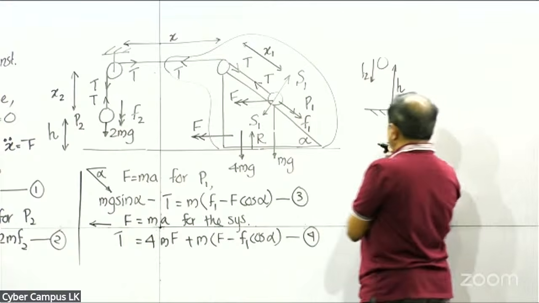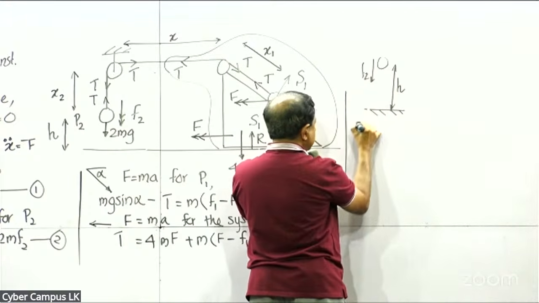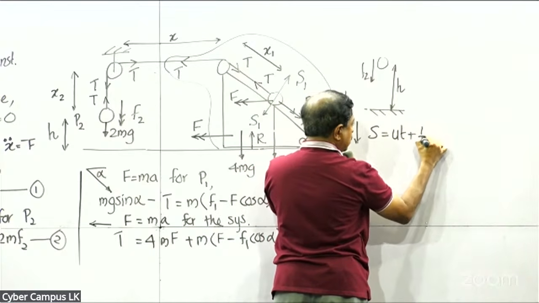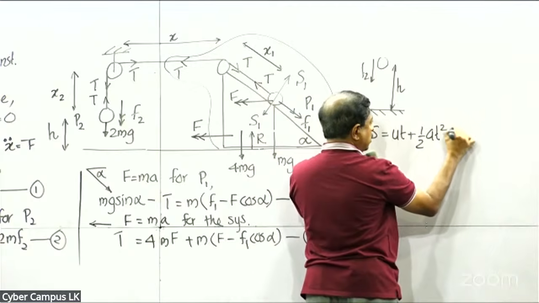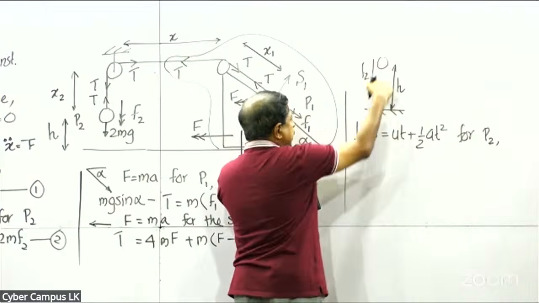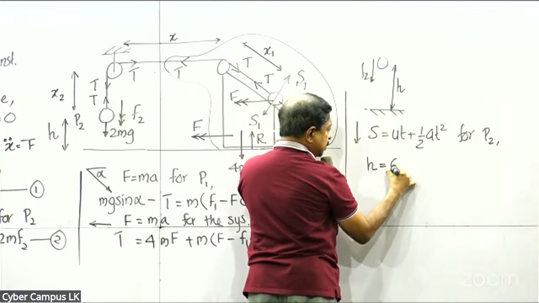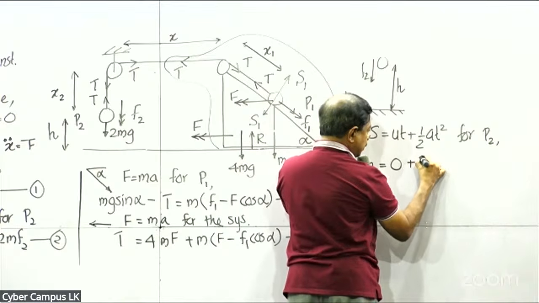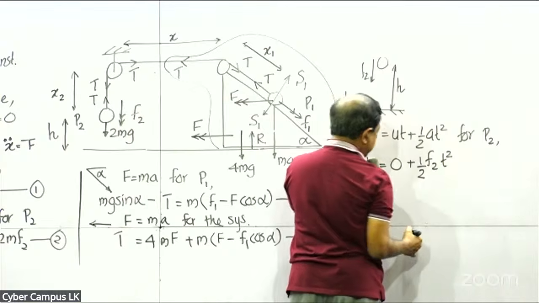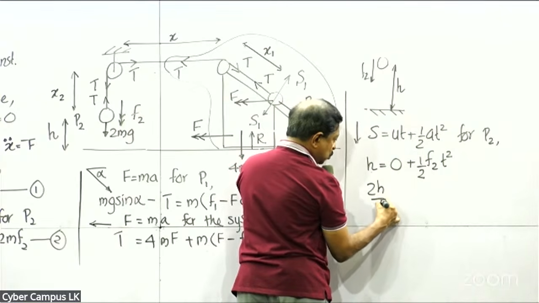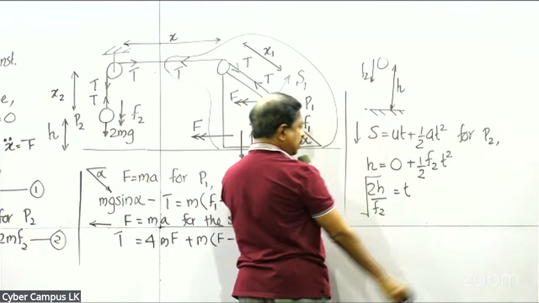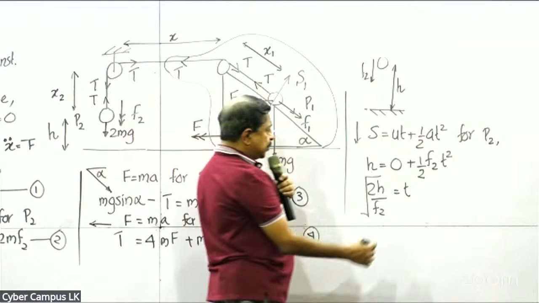So it should be s equals ut plus half at squared for P2. Height is h, initial velocity is zero, acceleration is F2, so h equals half F2 t squared. So t is the square root of 2h over F2. I'll take this as 5.